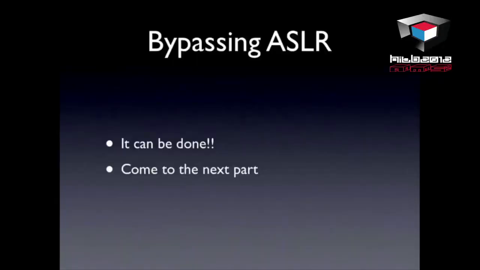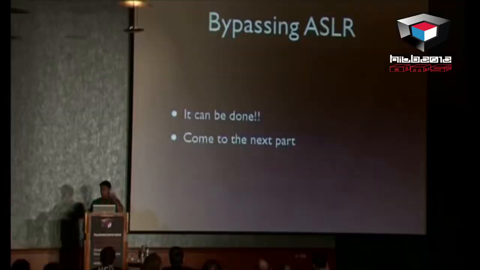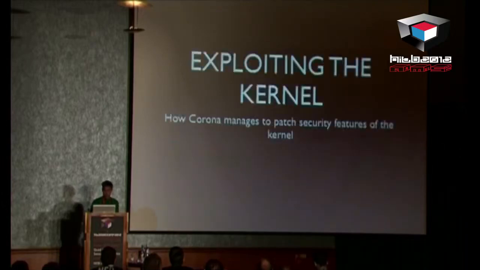Also there's data execution protection, like Cyril said, so we have to only use what code's available. We also have to bypass ASLR, which is not a problem in this one, but it can be done, and me and Cyril will explain how to do that at the talk after lunch break. But now, Cyril will talk about the HFS kernel exploit.